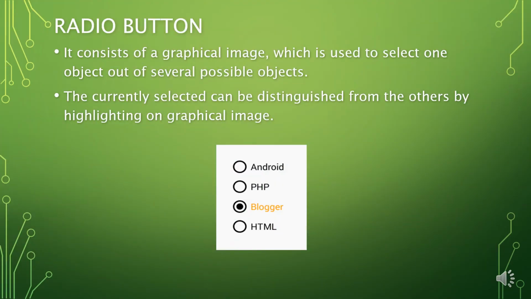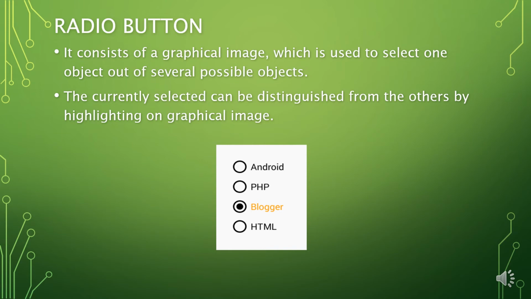The next component is radio button. We can also call it an option button. It consists of a graphical image in terms of a circle which is used to select one object out of several possible objects. That is, there will be multiple choices given to you, and out of those multiple choices you can select only one choice. So only one radio button can be selected among all.